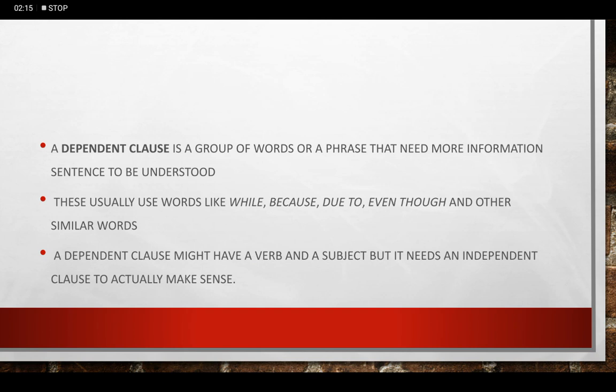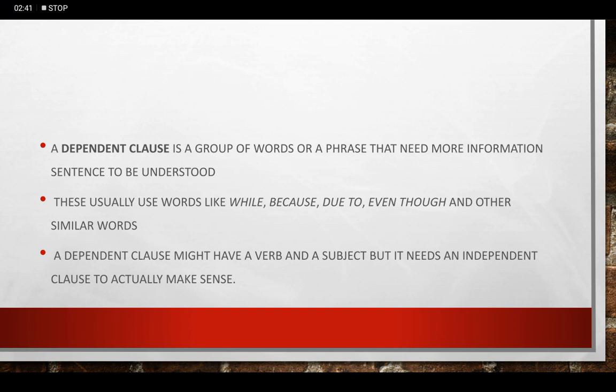A dependent clause is a group of words or a phrase that needs more information or another sentence to be understood. These usually use words like while, because, due to, even though, and other similar words. A dependent clause might have a verb and a subject, but it needs an independent clause to actually make sense.